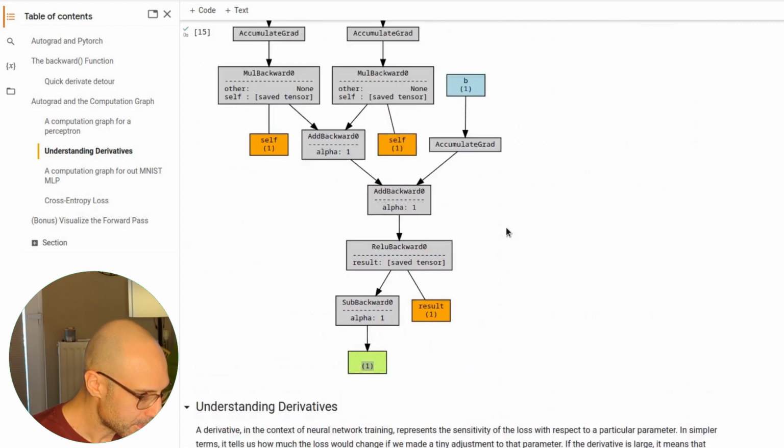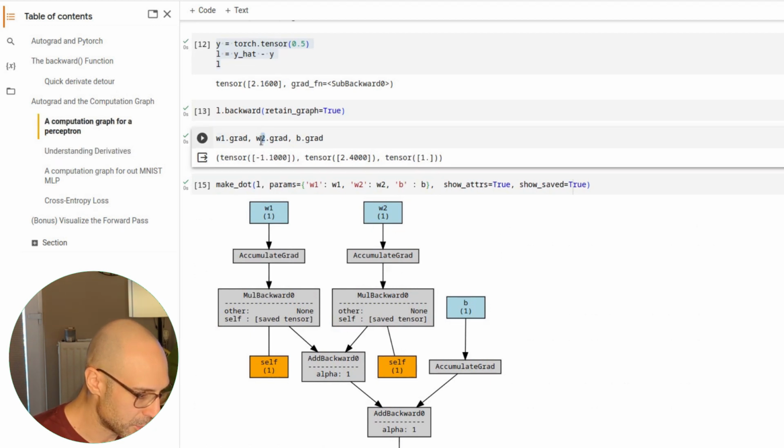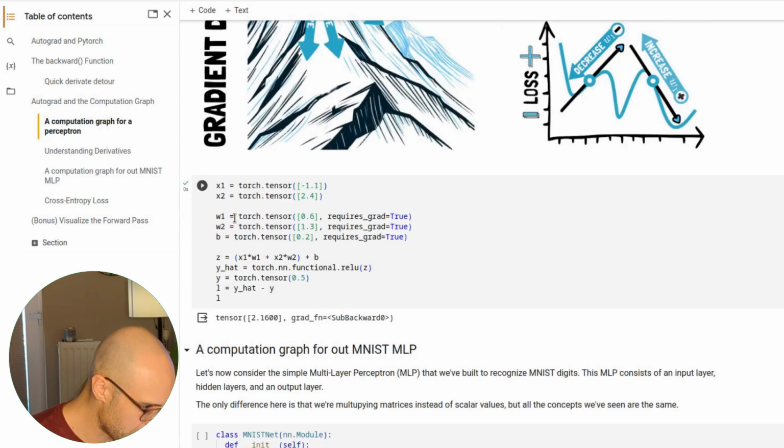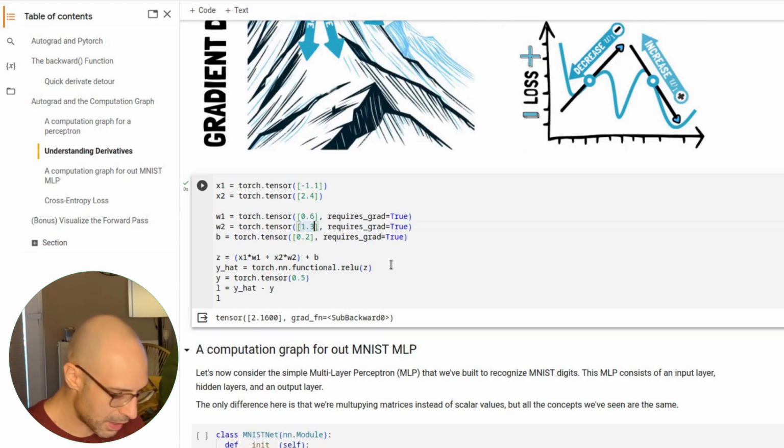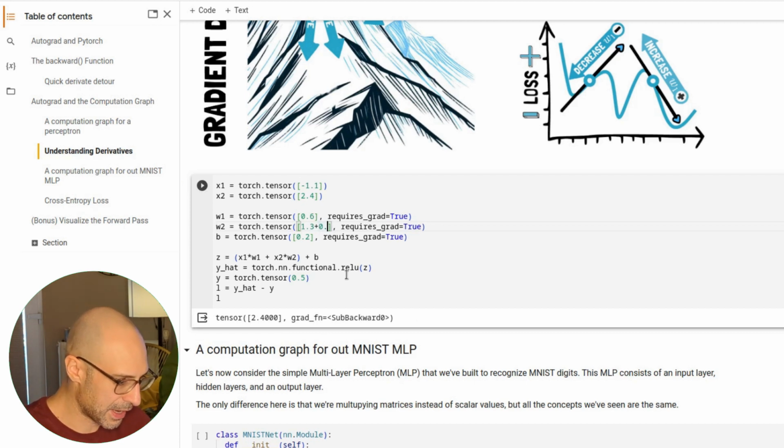Now, if you look at these derivatives, the bigger one is the one for weight 2, which means that a little increment in weight 2 is going to make the loss go up. Let's check this. So we've got weight 2, and I'm going to add 0.1. Look at the loss. And indeed, the loss has gone up. And if I add a little bit more, that makes the loss go up a little bit more.